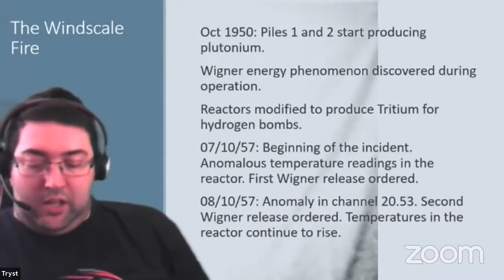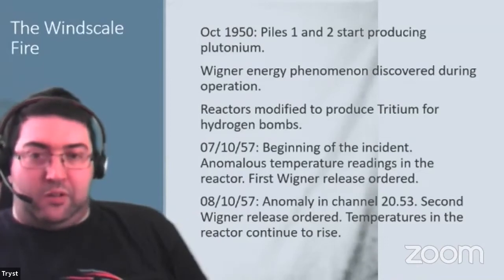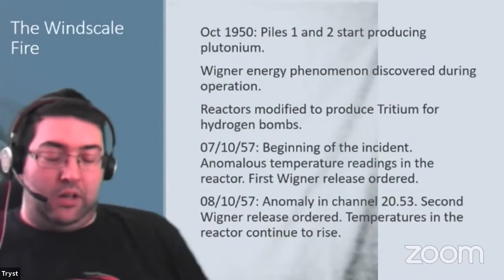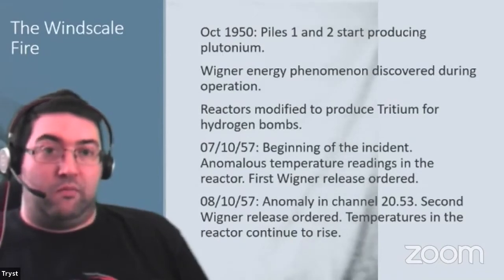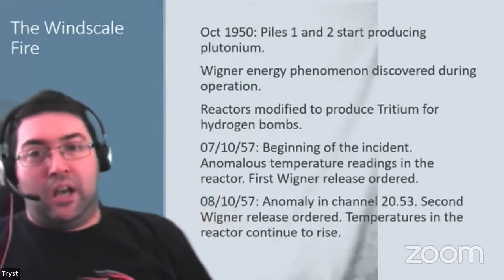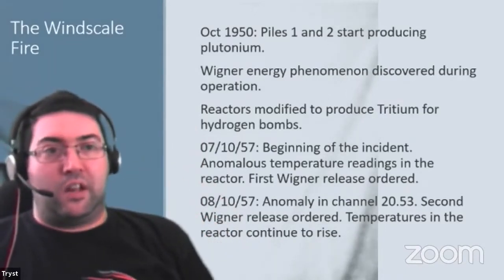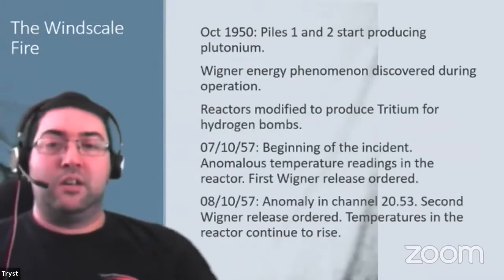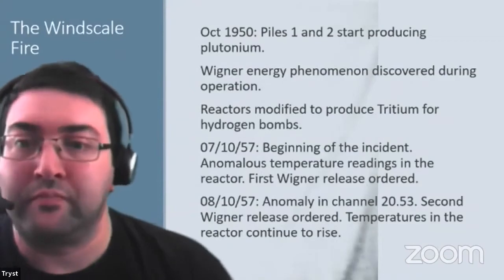So the operators at the time assumed incorrectly that the heat in channel 2053 was due to not all of the energy from the Wigner release being released fully. So they ordered a second Wigner release, and then things started to get really weird because temperatures weren't just high, they started to rise inside the reactor.